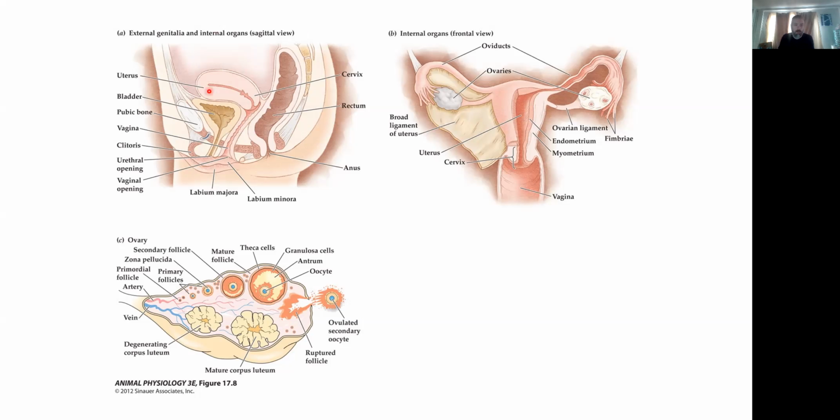Right, so we've got a uterus here, which is going to eventually become the home for any offspring that we might encounter. We have a canal here, the vaginal canal, through which we can have internal fertilization. We have a cervix kind of guarding the door between the uterus and the vagina.